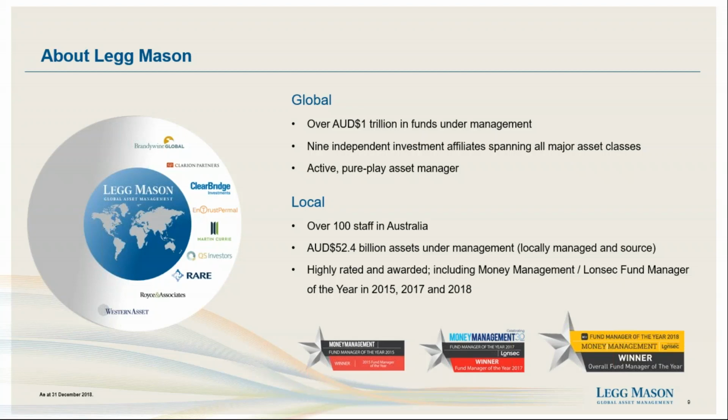So they focus on one thing and one thing only, and that is investment excellence. And Legg as a parent is a holding company, and we do the product structuring and distribution for them. As an organisation, we are truly active, big believers in active management and the value that can add over time. We manage about $1 trillion Australian across those 9 groups.